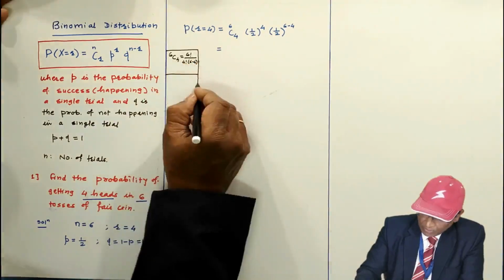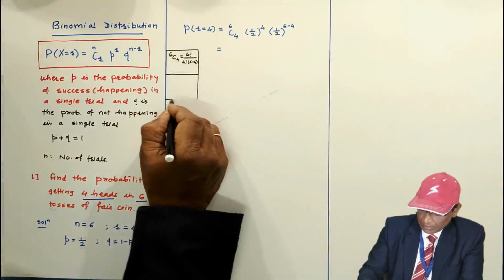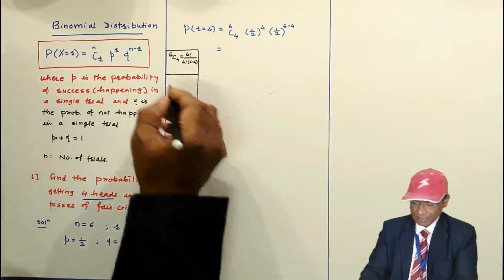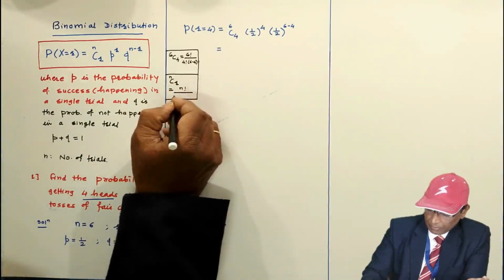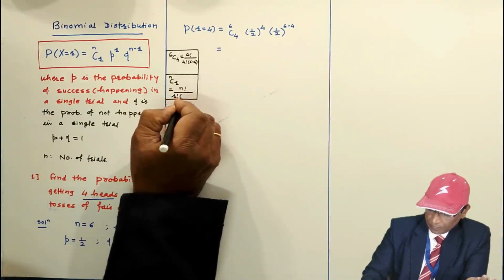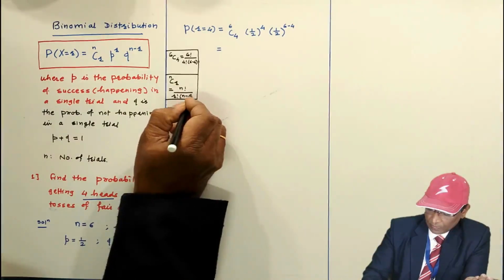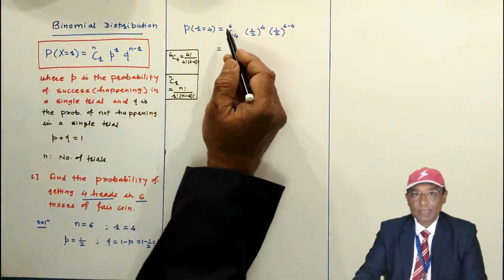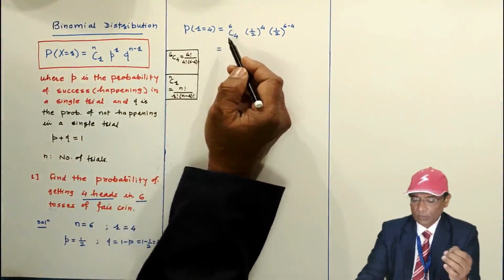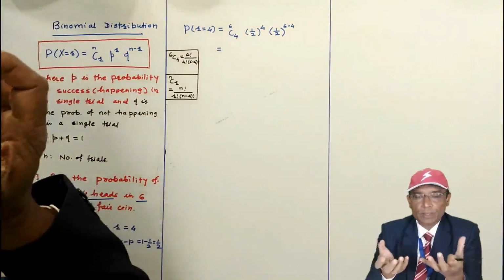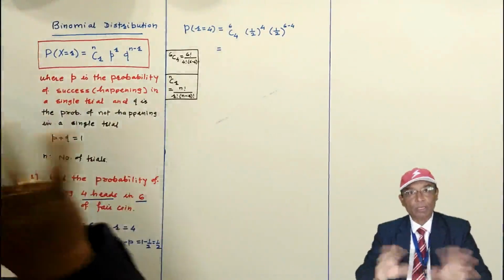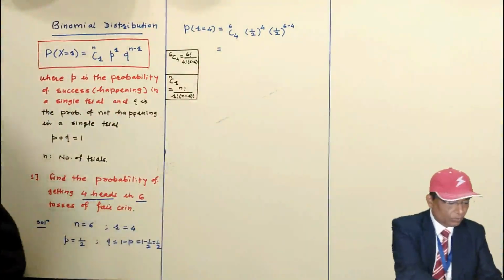The general formula is factorial n by factorial R and factorial n minus R, but I recommend you use a calculator directly. The meaning of 6C4 is: out of 6, in how many ways will you get 4? The order is not important.